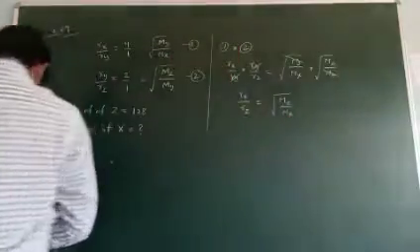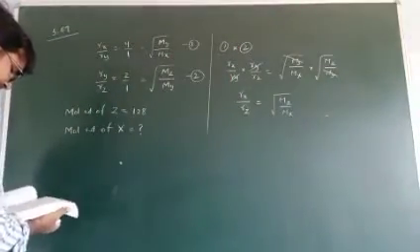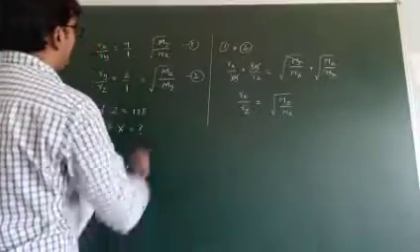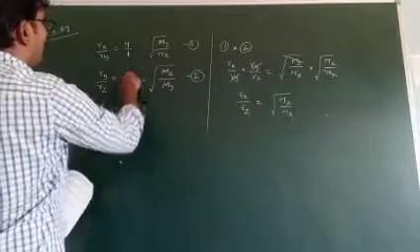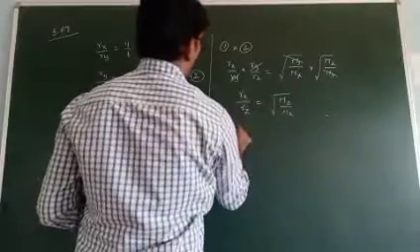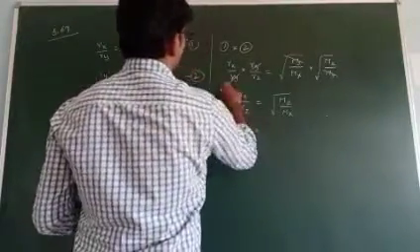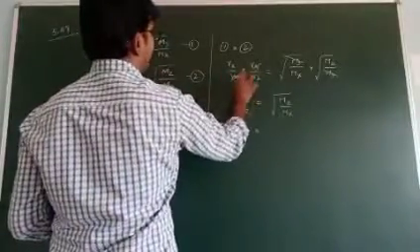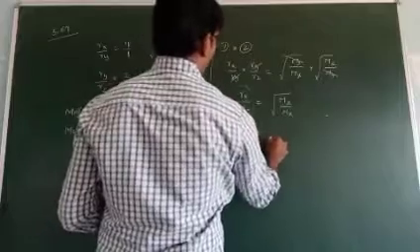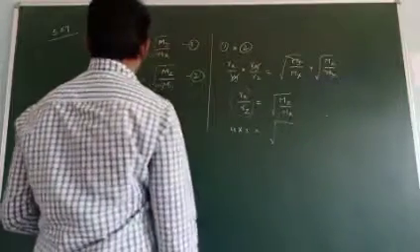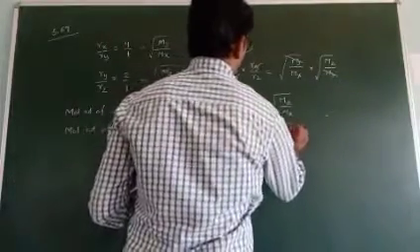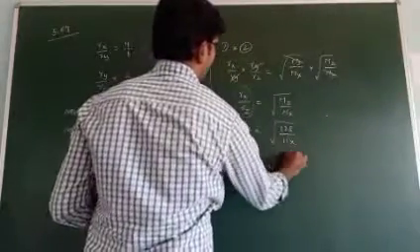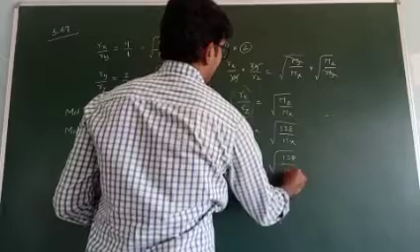What is the value of Rx by Rz? This is 4 by 1, this is 2 by 1, so simply 4 into 2. Directly write 4 into 2 is equal to root over Mz, which is also given, 128 by Mx. 4 twos are 8, so 8 is equal to root over 128 by Mx.